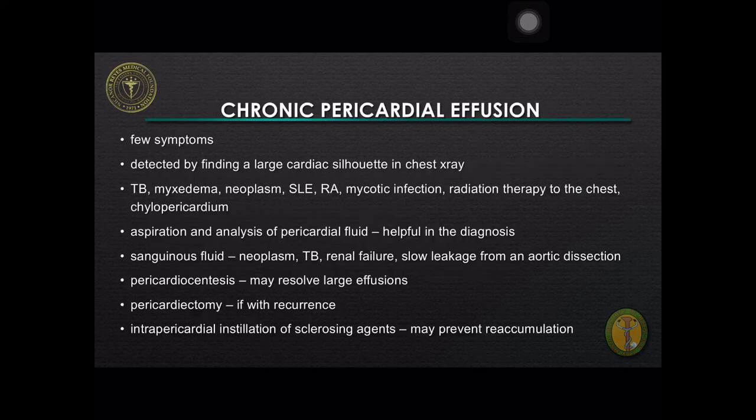Chronic pericardial effusions are sometimes encountered in patients without antecedent history of acute pericarditis. They may cause few symptoms per se, and their presence may be detected by finding of an enlarged cardiac silhouette on chest X-ray.